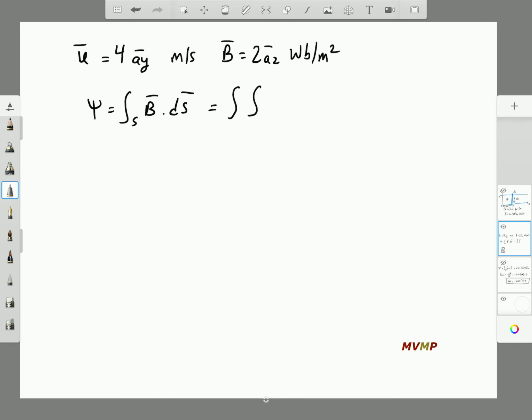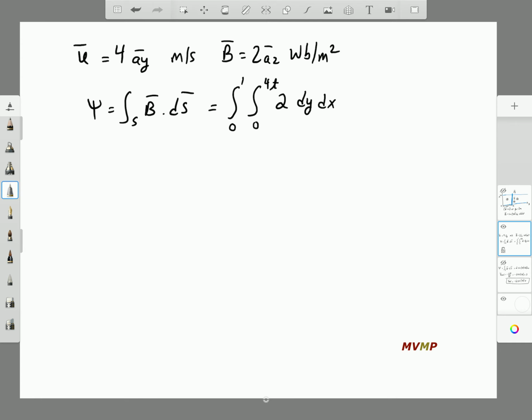The first one will be from 0 to 4t of 2 dy, then the outer from 0 to 1, since that's the height of the x-axis with respect to dx.